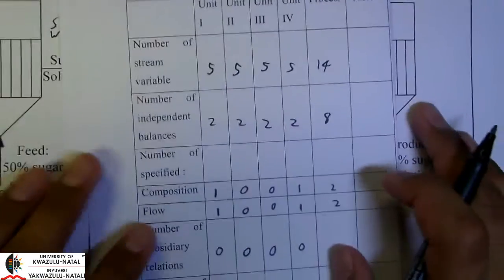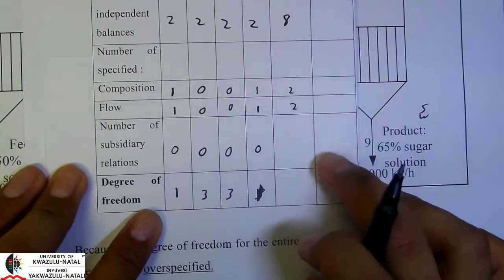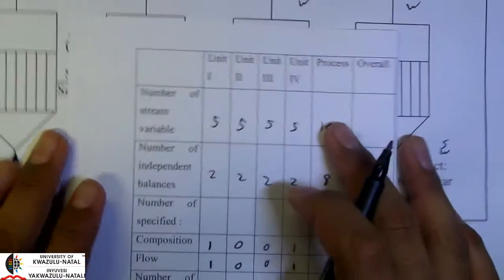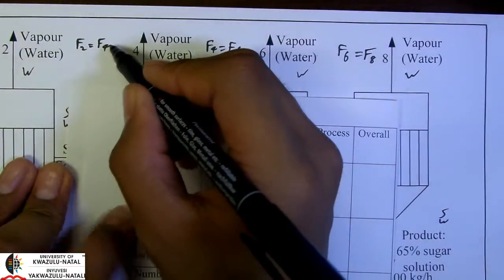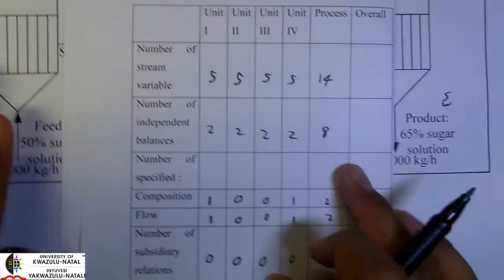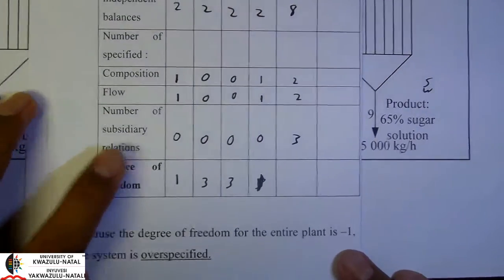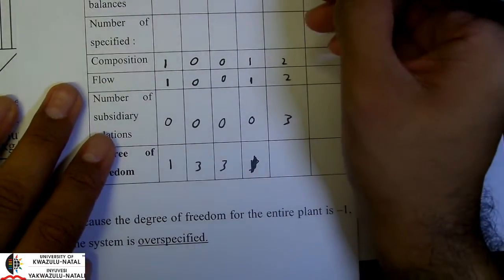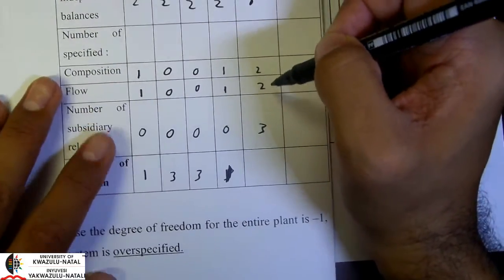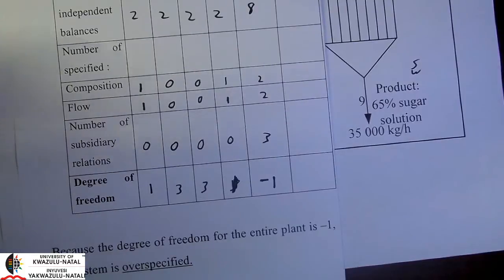And when counting the subsidiary relations for our process, our subsidiary relations must always be included in our process. Okay, so we have F2 equal to F4, F4 equal to F6, and F6 equal to F8. So those are 3 relations, and they must be counted. Okay, if we calculate our degree of freedom, 14 minus 8 minus 2 minus 2 minus 3, we end up with a degree of freedom of minus 1.